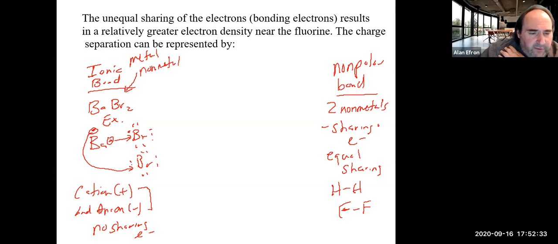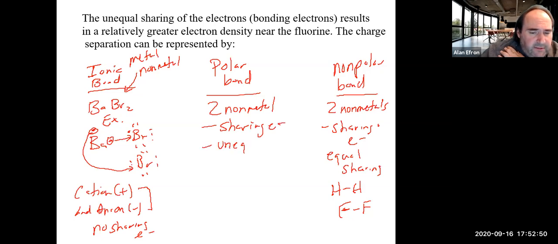And sort of in between those two is a polar bond, or a polar covalent bond. And that also is two nonmetals. Also sharing of electrons. The difference is this is unequal sharing of electrons.